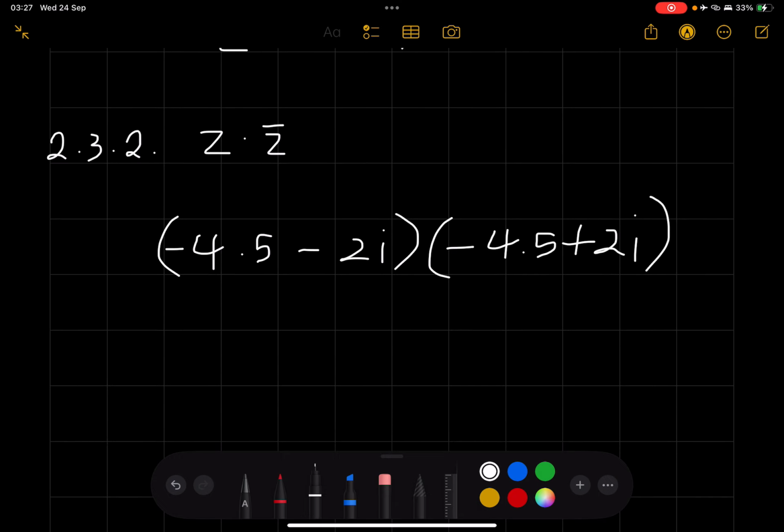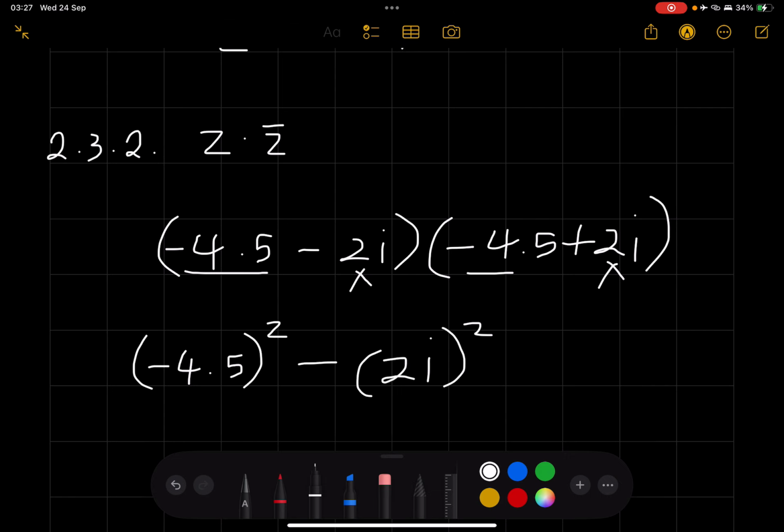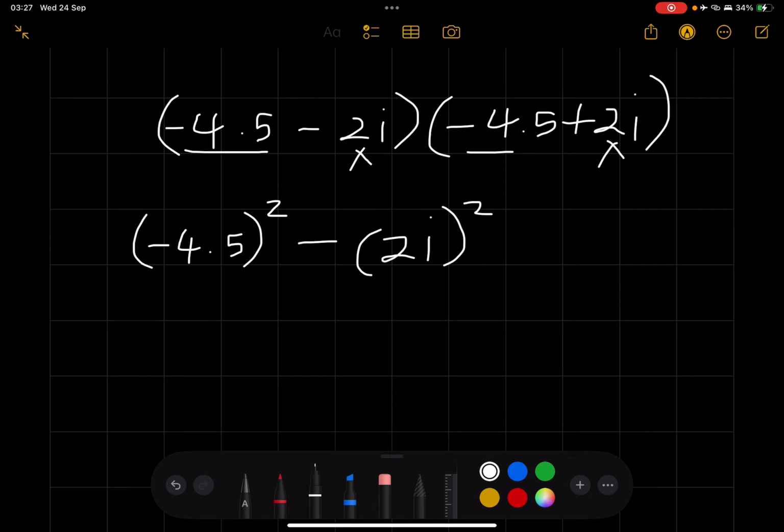Remember I said, when you multiply the z and the conjugate, né, just multiply the first term and the first term, the last term and the last term, because we have a difference of two squares here. So it's going to be minus 4.5 squared minus 2i squared.